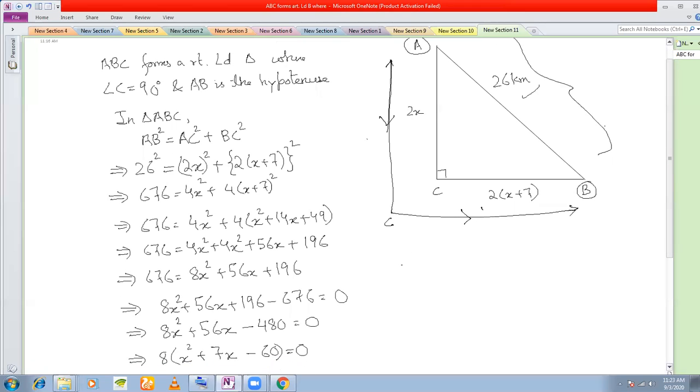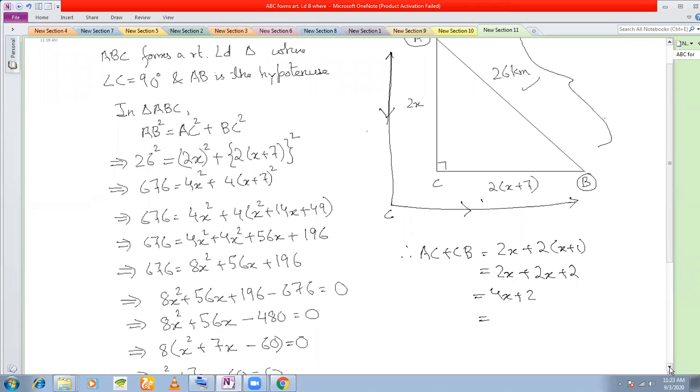So first of all, we'll calculate AC plus CB. AC plus CB is 2x plus twice of x plus 7, which is 2x plus 2x plus 14, which is 4x plus 14. Now you put the value of x here.